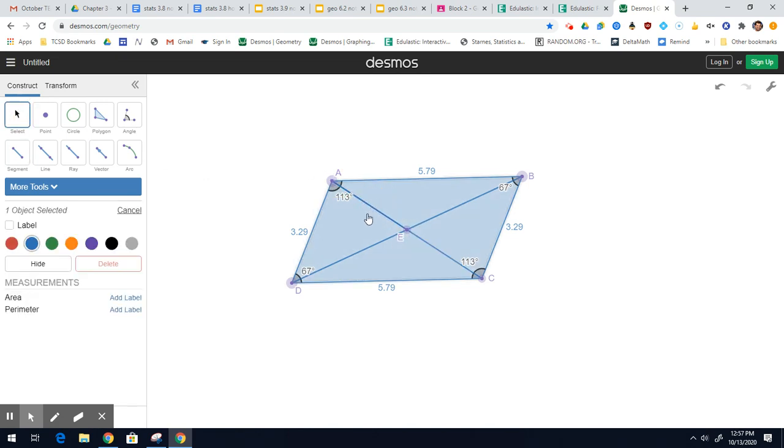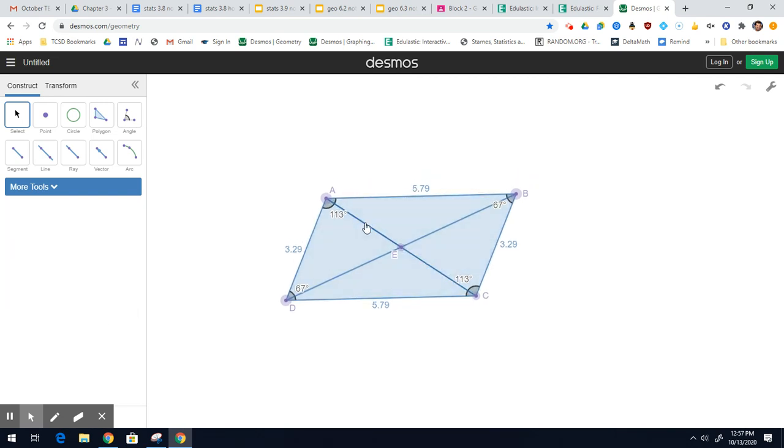So it keeps clicking on the big. So give me some time. Let me pause the video. Okay, so as you can see, I have labeled AE and CE. They're both 2.71. Remember that AC is just double that, or you add the 2.71s together.